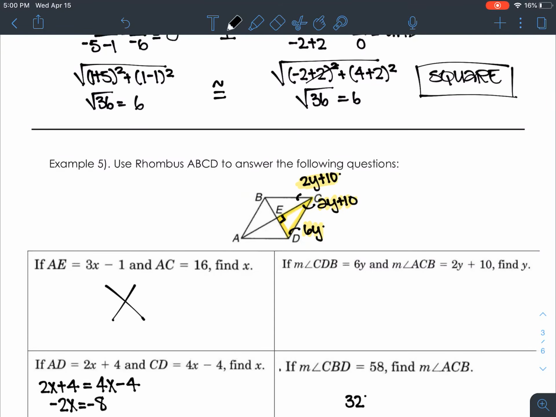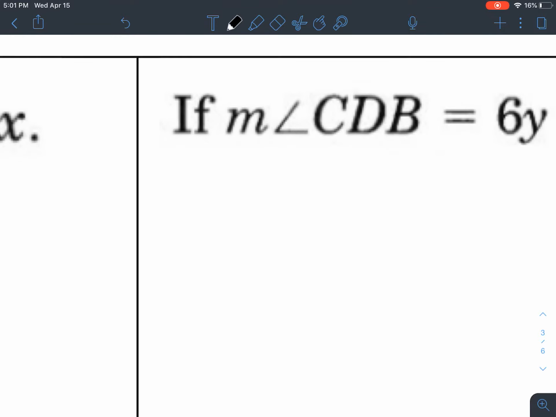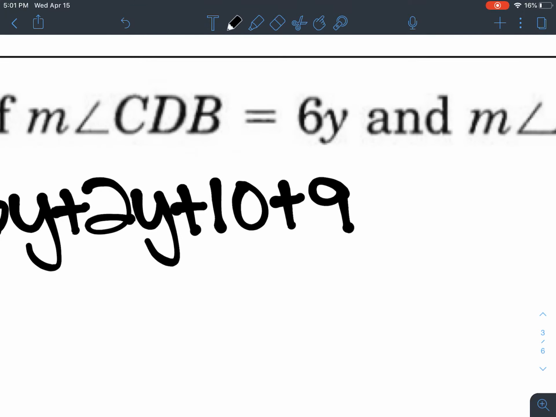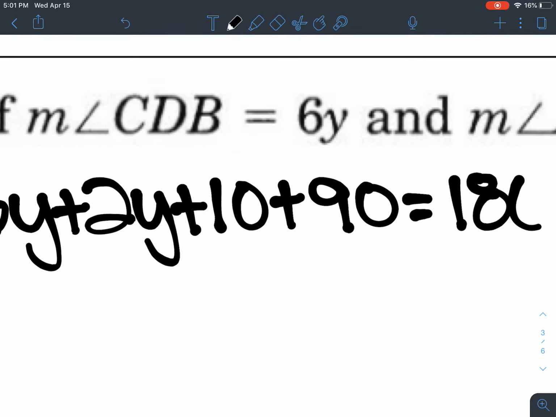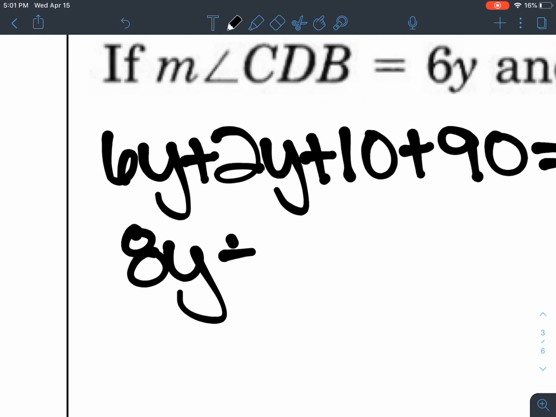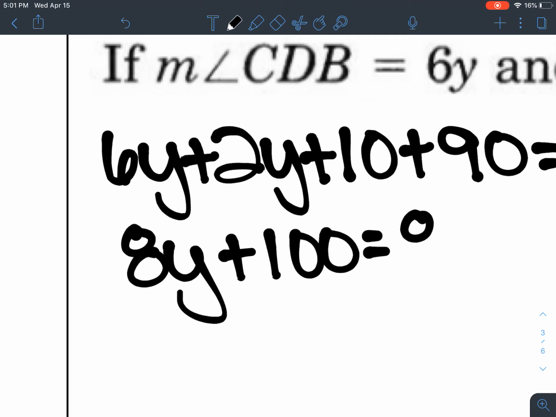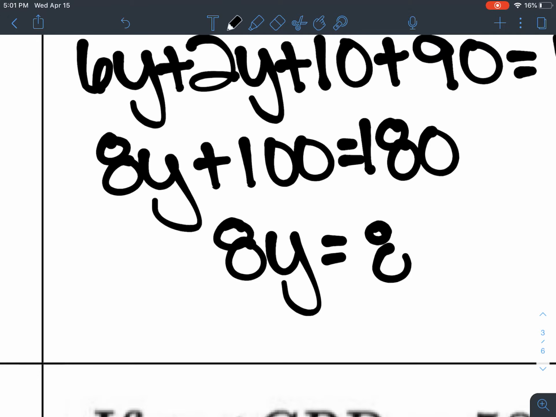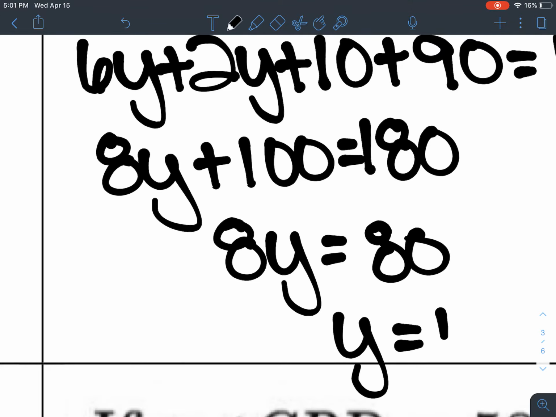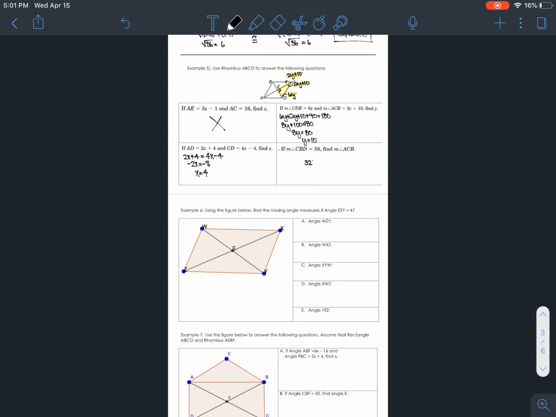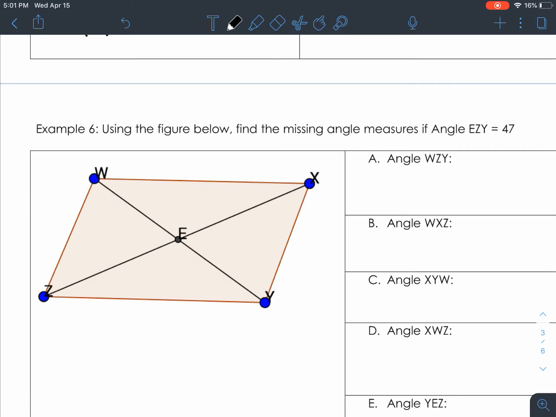So I'm going to do 6y plus 2y plus 10 plus 90 is equal to 180. Simplifying, I'm going to get 8y plus 100 is equal to 180. Subtracting that out, I'm going to get 8y is equal to 80, which means that y is equal to 10.